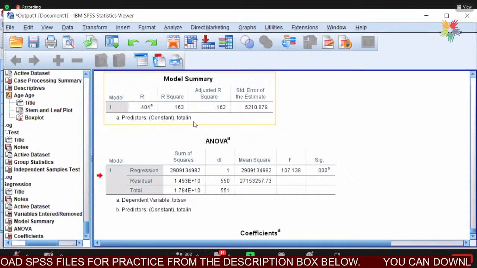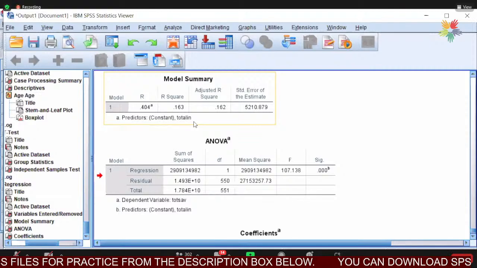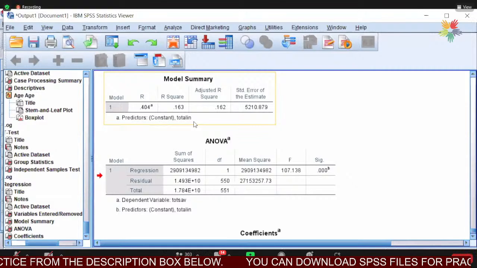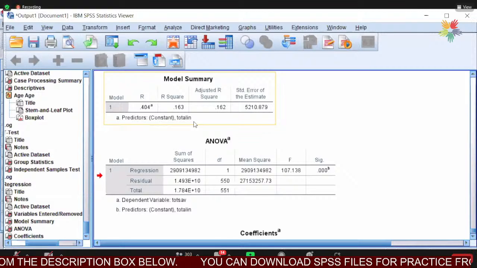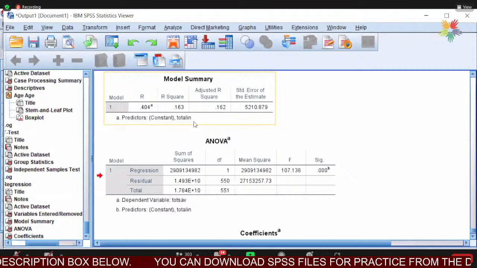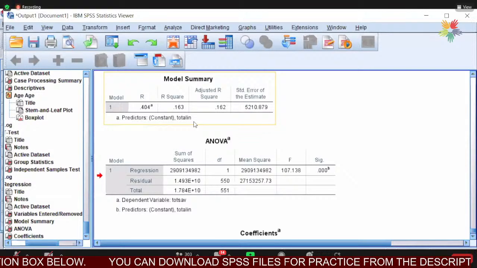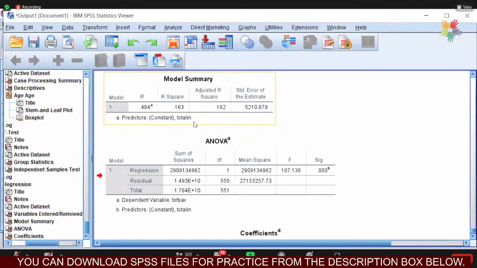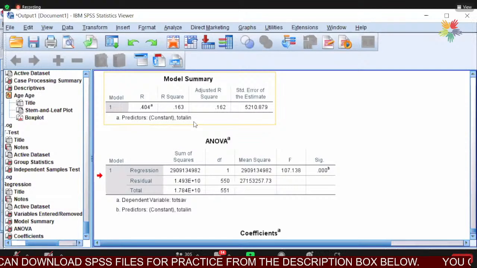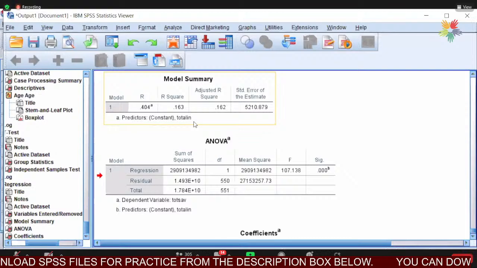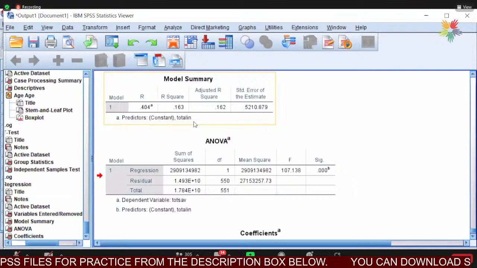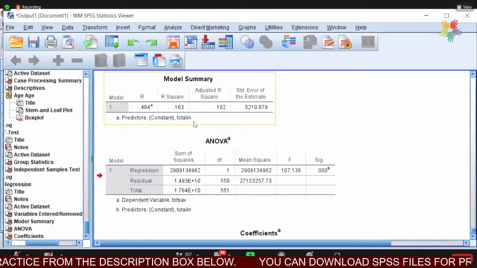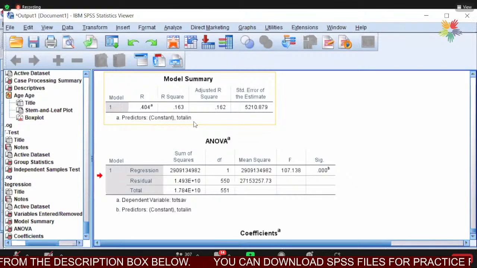Only 16% we are determining. People used to ask whether only 16% is sufficient or not. You need not worry about the absolute value of R square, because degrees of freedom, sample size and other things are adjusted.